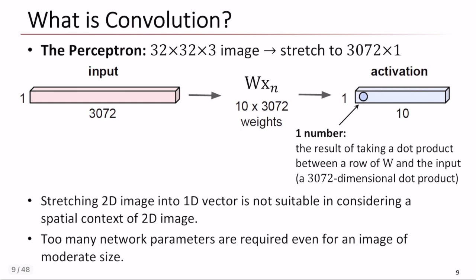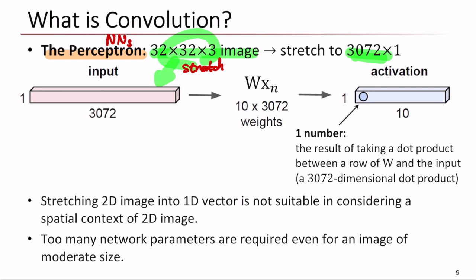Okay. To understand the convolution or the convolutional layer, let's go back to the perceptron or the neural network. First of all, if you have an image, let's say 32 by 32 by 3, to process this image with a neural network, you have to stretch the image into a 1D vector, let's say 3072, by stretching.